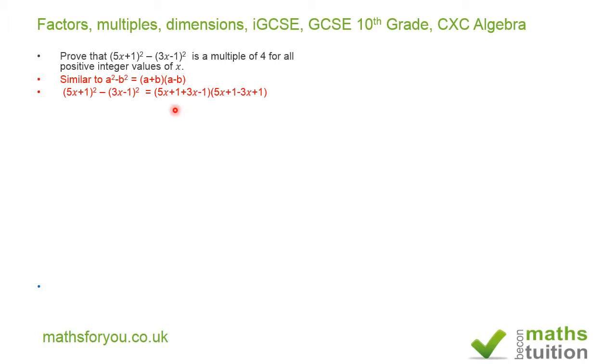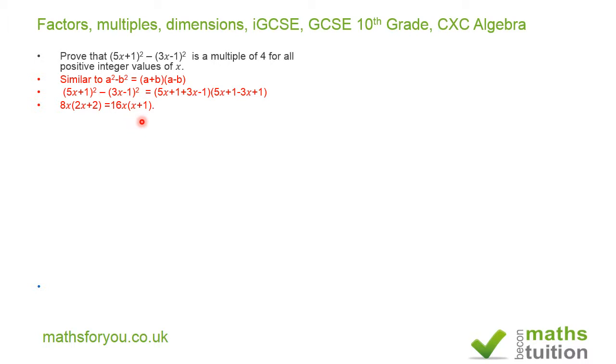Now, the a plus b bit will give us 8x, because 1 minus 1 is 0. In the a minus b section, we have 2x + 2. So we end up with 8x into (2x + 2).